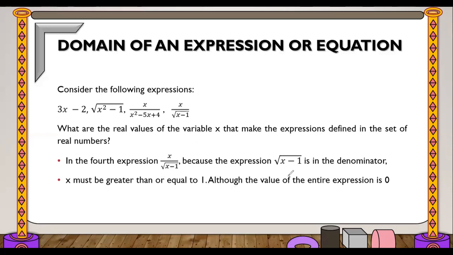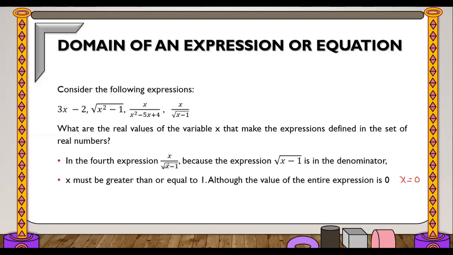Okay, although the value of the entire expression is 0, pwede ring maging 0 ang entire expression kapag ginawa nating x is 0. Diba? Kapag ginawa natin ang x mo ay 0, magiging 0 ang entire expression, kasi yung numerator, x equals 0, 0 divided by any number is 0. Kaya lang, merong restriction.